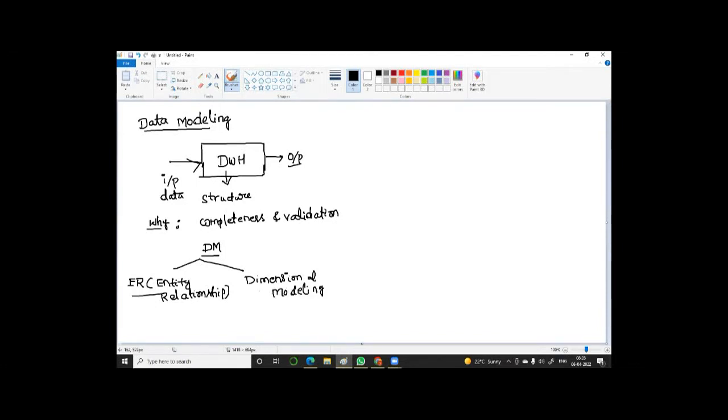See, the name itself, as I told you from the beginning, always reveals something that you need to understand first. Entity means it's like a table. So when different tables are related, that is called entity relationship.